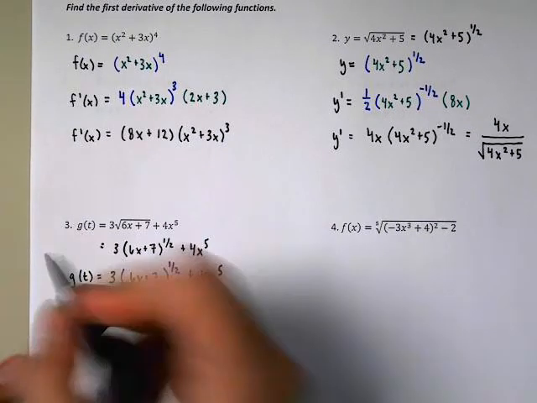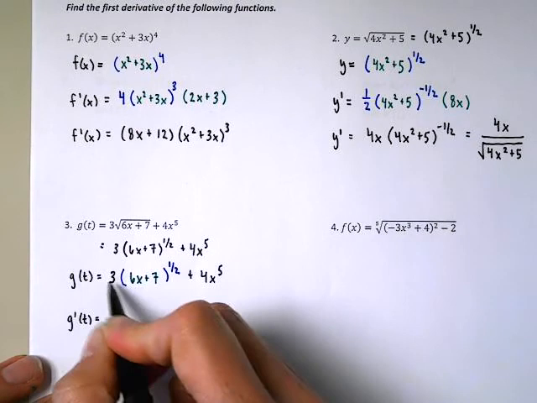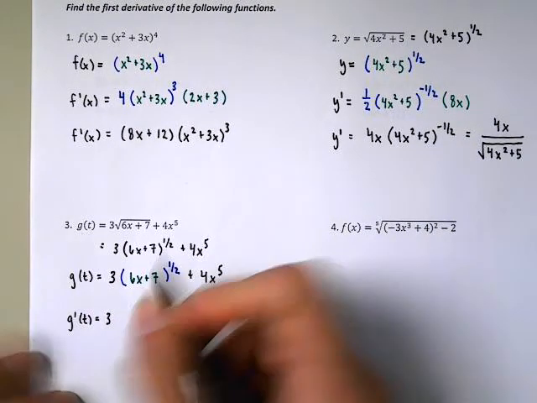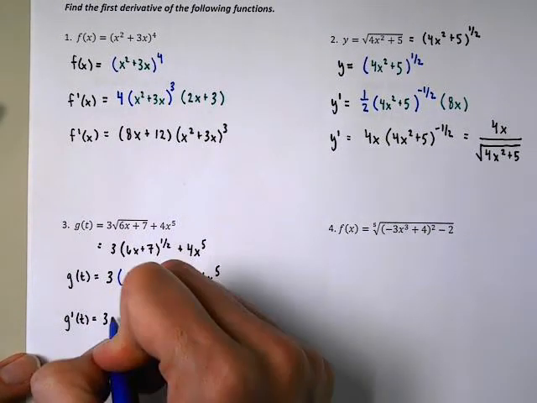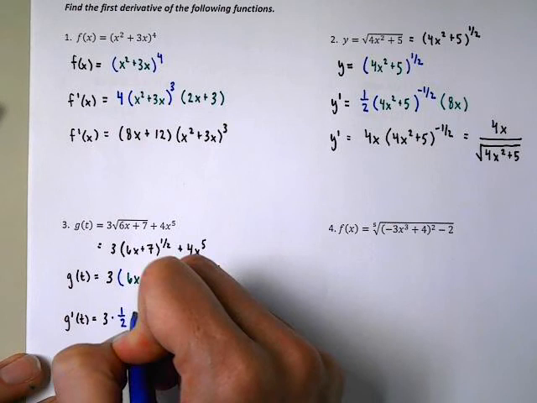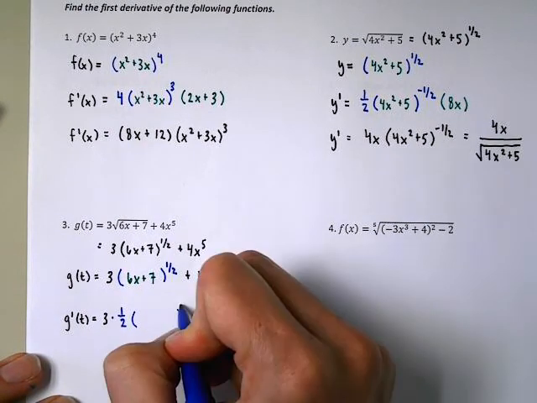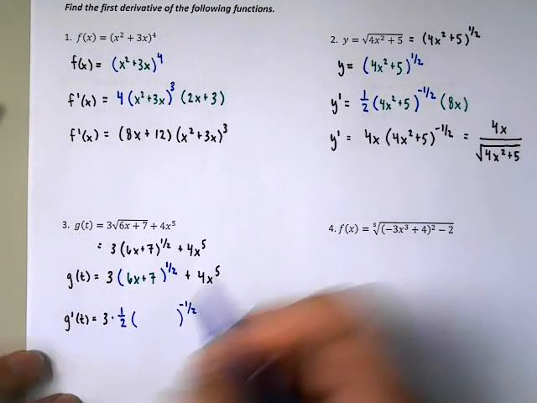All right, so now we're going to differentiate. To start off, I know that the derivative of this is just going to be my constant times the derivative of my function. So again, I'm going to deal with the outside by bringing down that exponent. All that inside stuff is going to stay the same. I'm going to subtract 1 from my exponent.